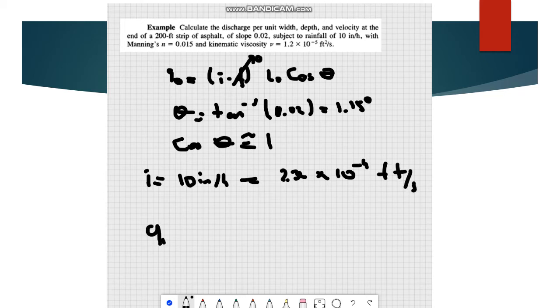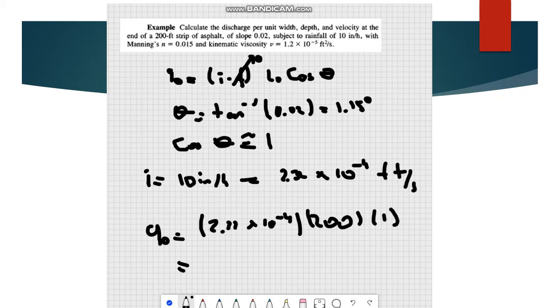So Q0 is equal to 2.32 multiplied by 10 to minus 4 multiplied by L0, which is 200 feet. We need to multiply by cosine theta, which is 1.